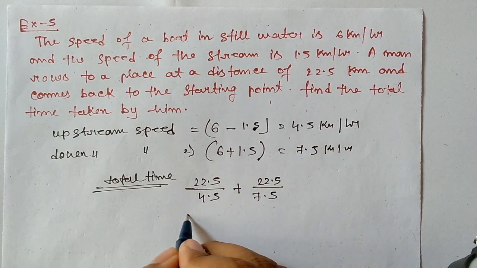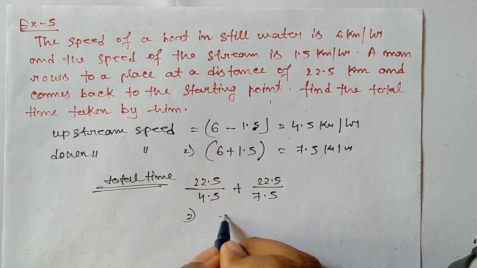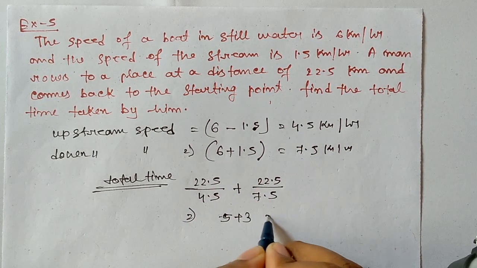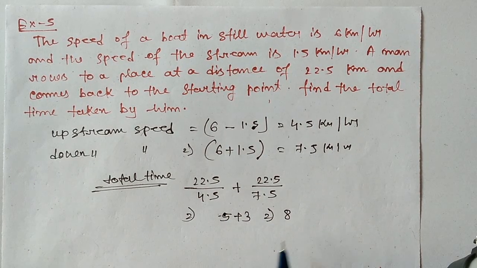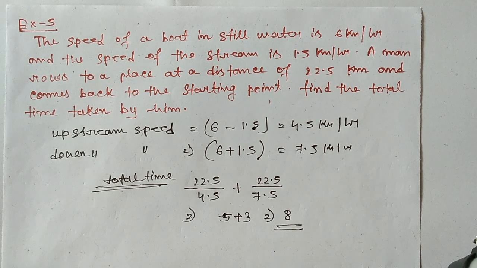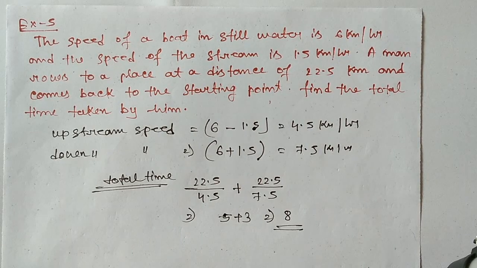If we cancel it, it gives us 5 and 3, so 8. So this is our answer. This problem looks huge, but it is a very short process problem.